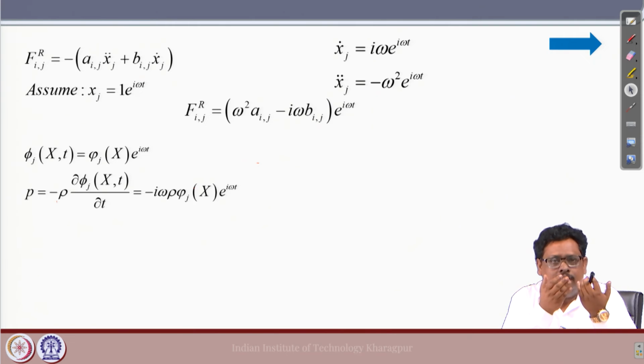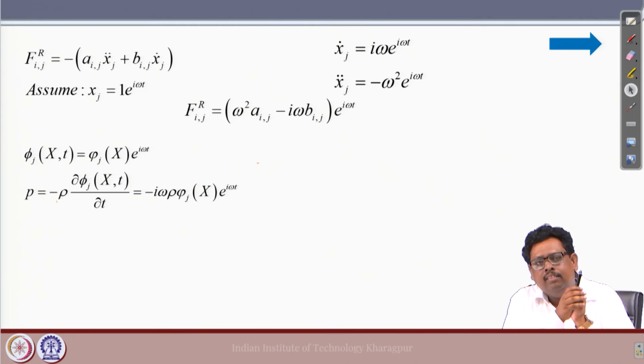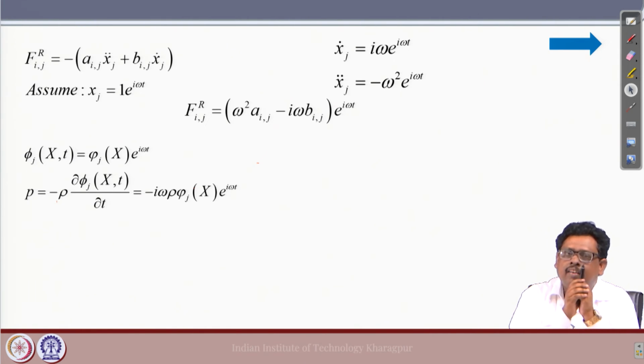If I do that, I assume my phi is harmonic, so I assume phi equal to phi(x) into e to the power i omega t. The pressure is minus rho del phi del t, so definitely I am getting minus i omega rho into phi_j into e to the power i omega t, right.